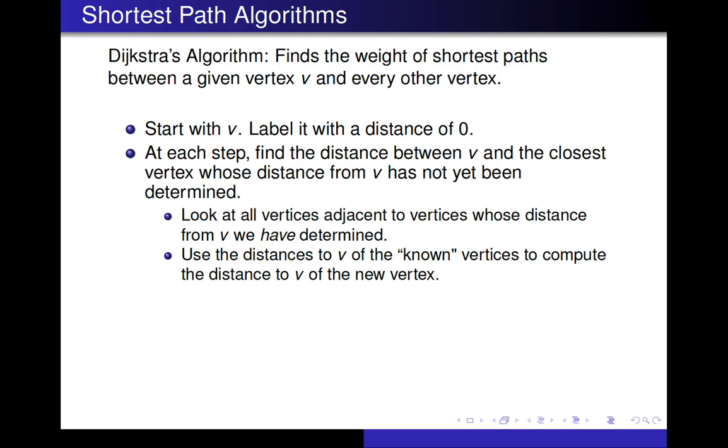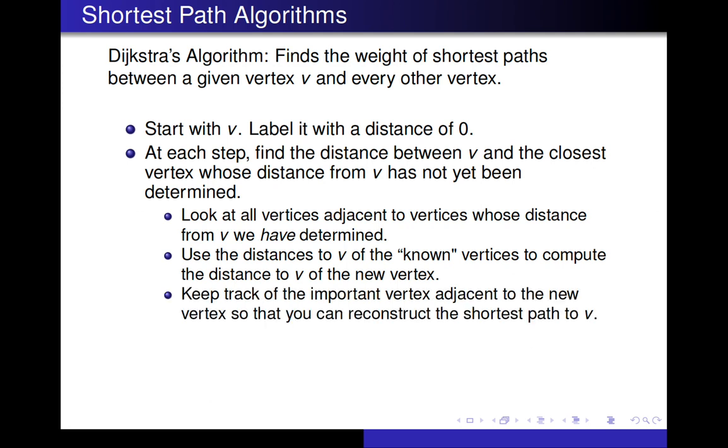And what you do is you use the distance from V to the known vertices to help compute the distance from V to the new vertex that you don't know. And then you also keep track of important vertex information to be able to figure out the shortest path to V from that information. And then you keep repeating this algorithm recursively until all distances to V are known.